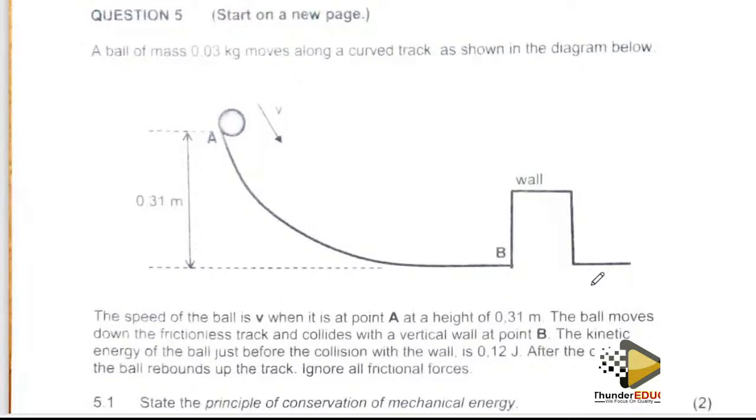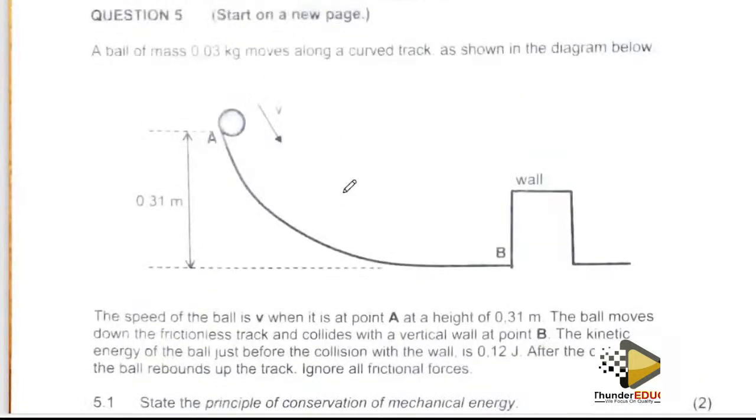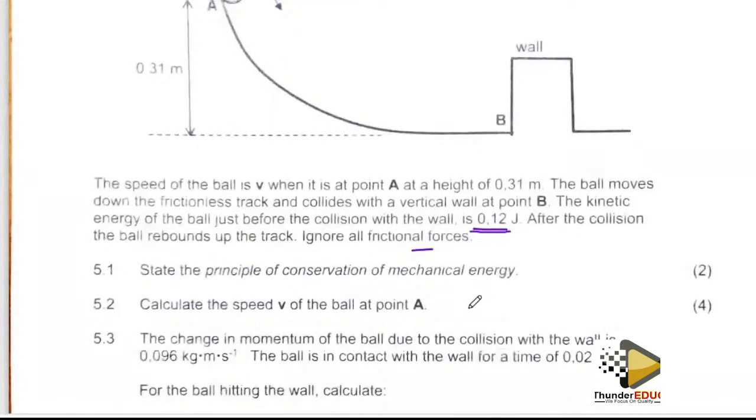And then we're being told that the speed of the ball is v when it is at point A at that height, and then the ball moves down the frictionless track and collides with the vertical wall B. And the kinetic energy of the ball just before collision is this much. After the collision, the ball rebounds up the track. Ignore it. They want the principle of conservation of mechanical energy.